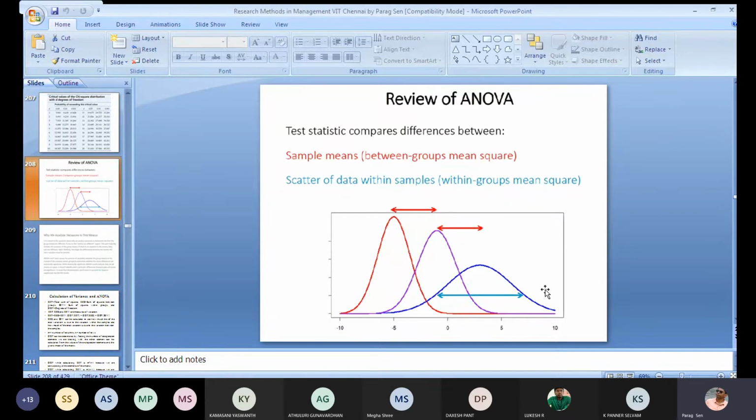So basically in ANOVA, you are comparing the sum of square between and the sum of square within.